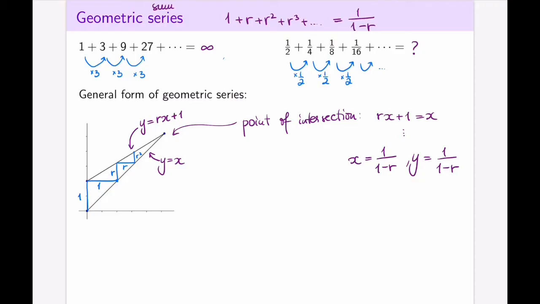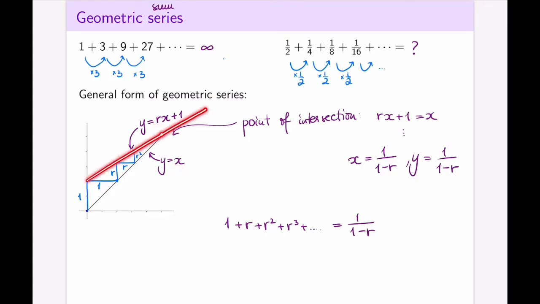One thing to note is that this formula only holds if r is less than 1. If r is less than 1, then the slope of this line is less than the slope of this line, which means that this line is going to be less steep and a point of intersection will actually be produced.